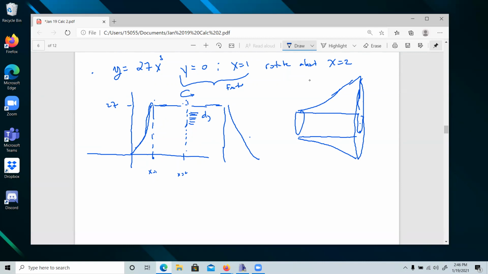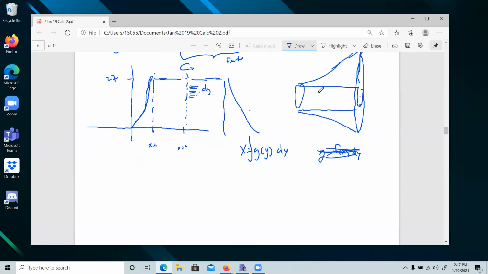So I got y equals 27x cubed, but I'm going to need x equals something to integrate because we have a dy. So I really want x equals some function of y here, because that's the way this integral makes sense. You don't want to have y equals f of x dy. That's not going to work out for us.